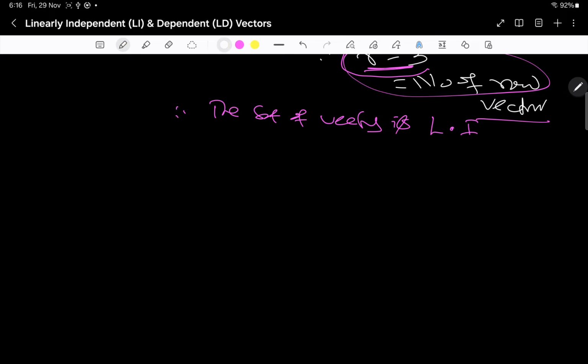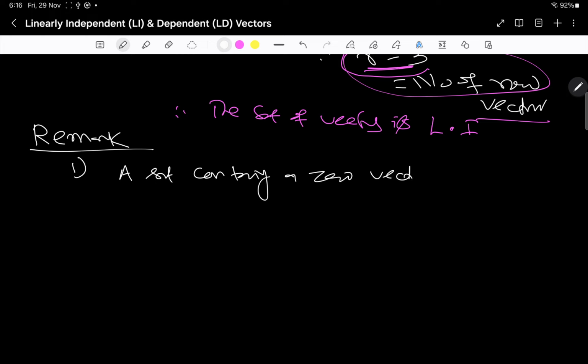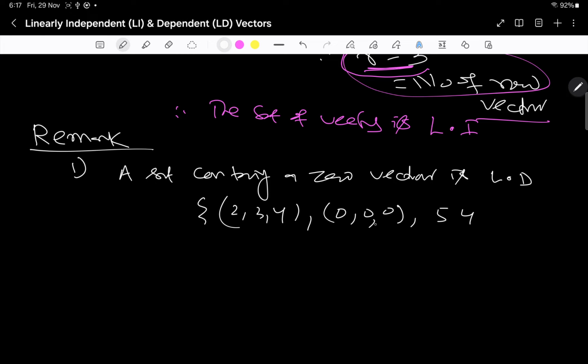I will now explain some important properties. If a set contains a zero vector, it is always linearly dependent. That means if I have 2 3 4, 0 0 0 and 5 4 6, then definitely this is an LD system.